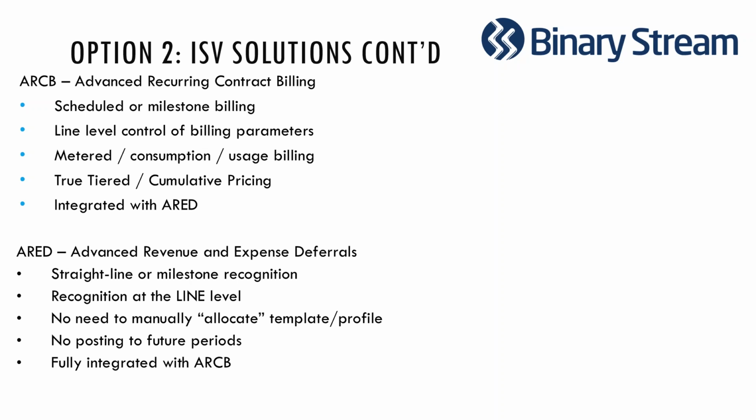The advanced revenue expense deferral simplifies deferrals either straight line or milestone based as well. We can do our recognition at the line level. The big difference between Dynamics GP's RED, or revenue expense deferrals module, and our advanced revenue expense deferrals module is that in Dynamics GP, you will do your recognition at the distribution level. So how do I defer 2 different items when I've only got maybe 1 deferral account on my balance sheet?